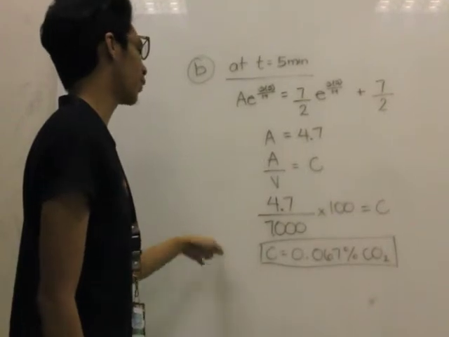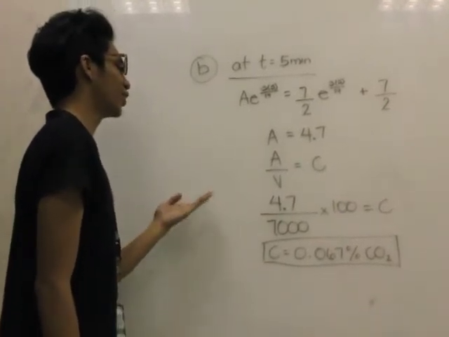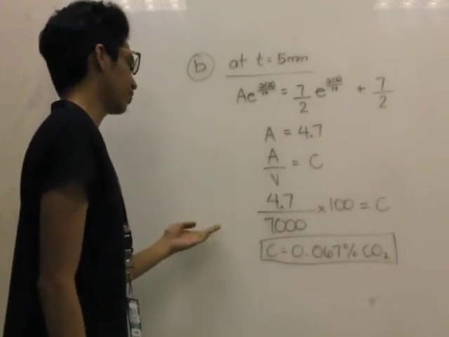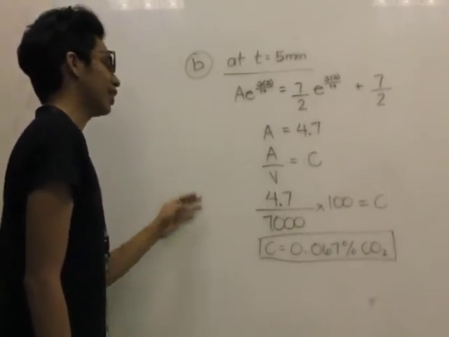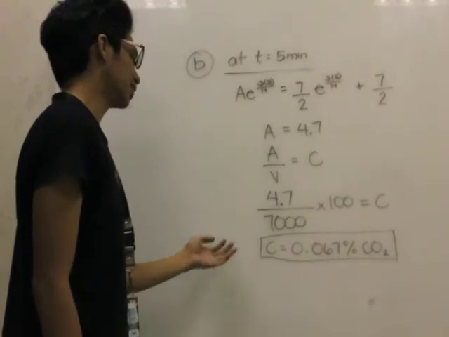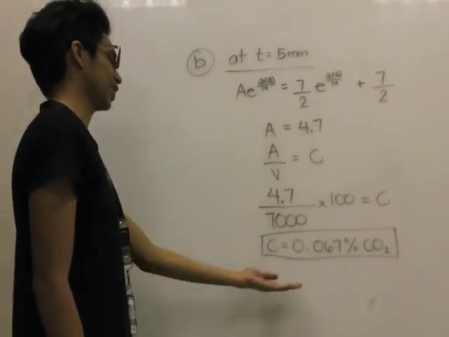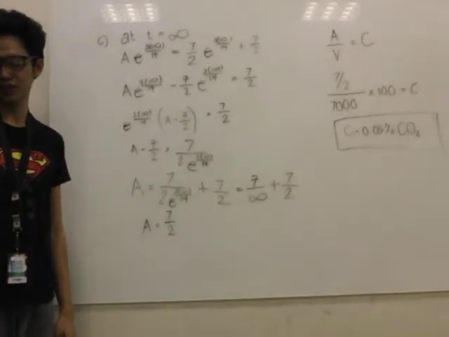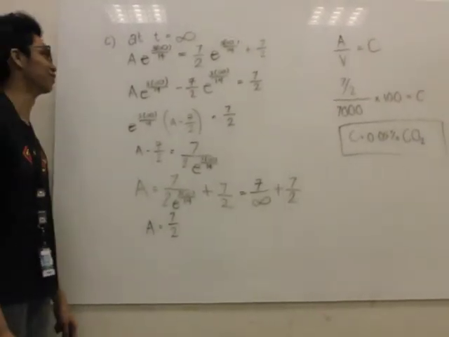Then, we will use the formula A over volume equals concentration. Then, 4.7 over 7,000 times 100 equals C. Then, C is equal to 0.067%.